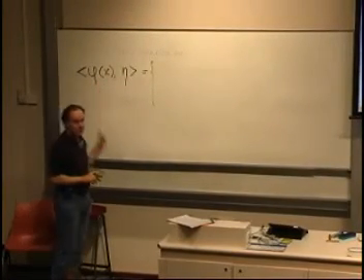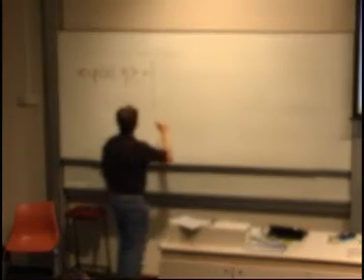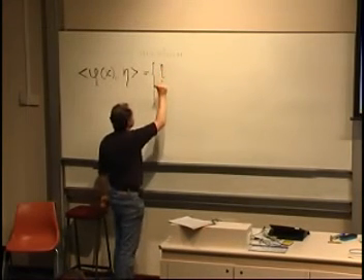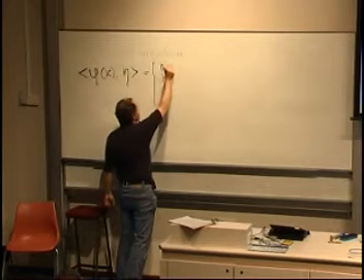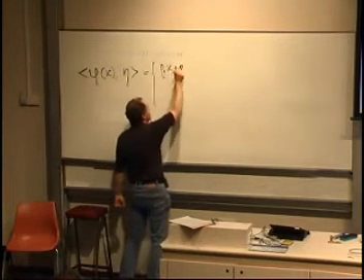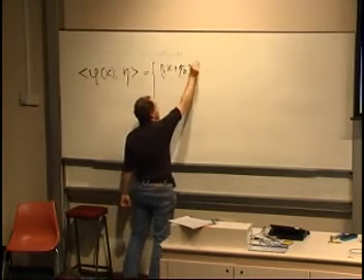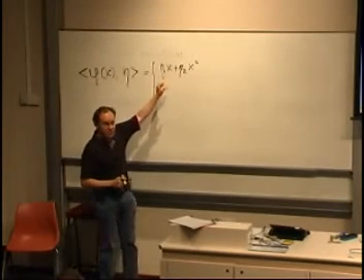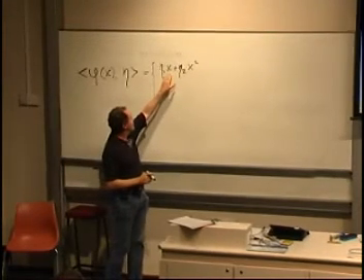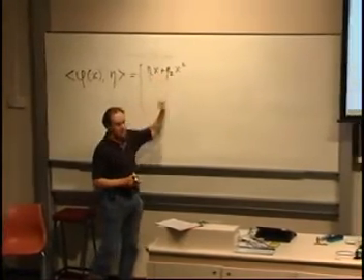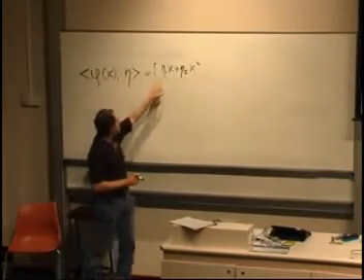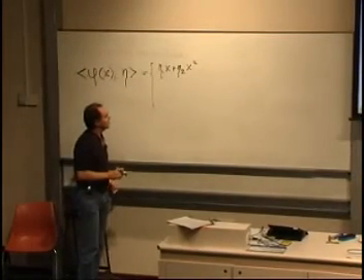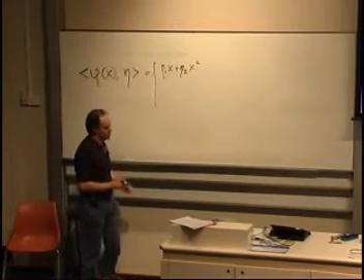In the case of normal distributions, we have eta 1 x plus eta 2 x squared. So our phi of x, which Alex discussed in some detail, is the vector which has components x and x squared, and our eta has these two components, two parameters, eta 1 and eta 2.